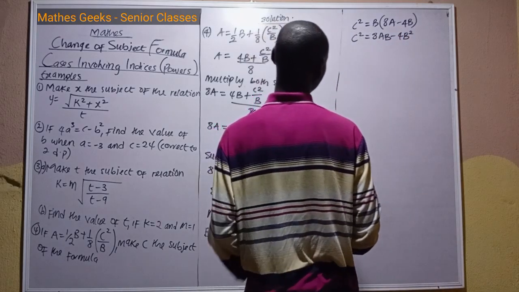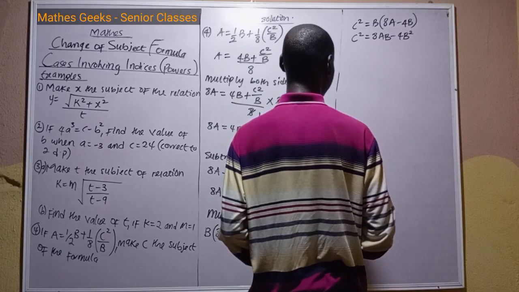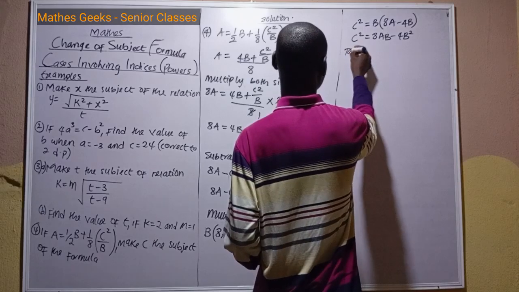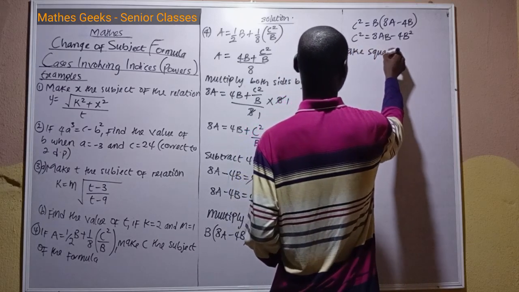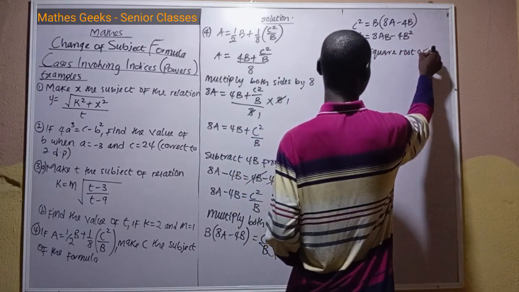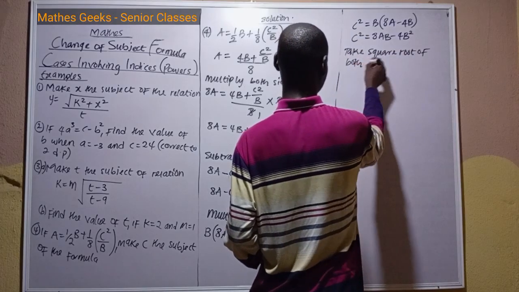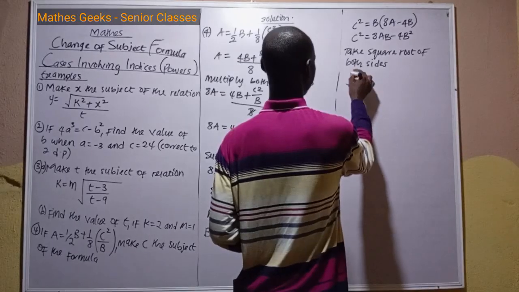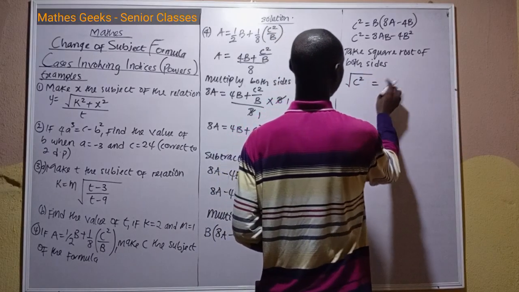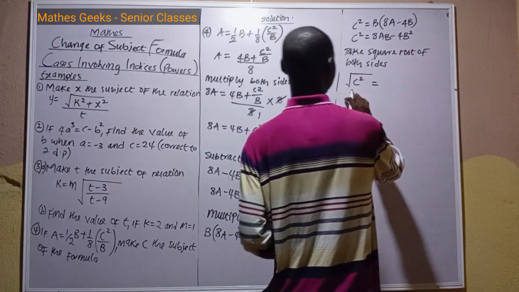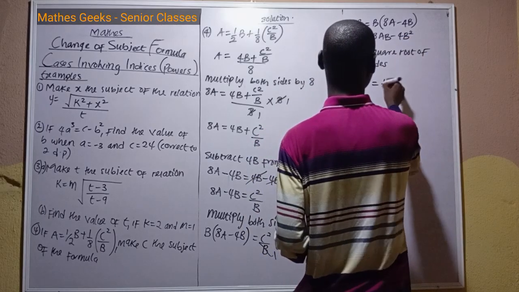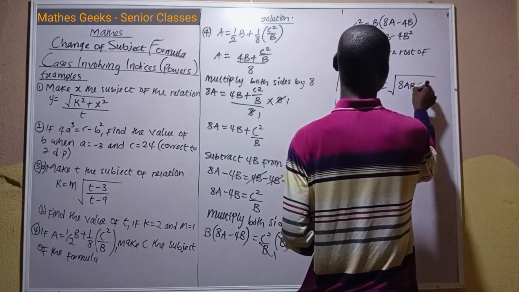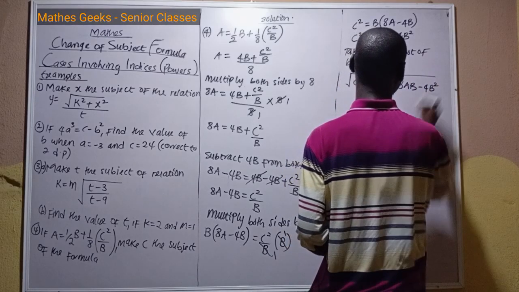Now, our intention is to make C the subject of the formula, not C squared. So we need to eliminate the power. To eliminate the power, we're going to take the square root of both sides. Once we take the square root of the other side, then we have plus or minus the square root of 8AB minus 4B squared.